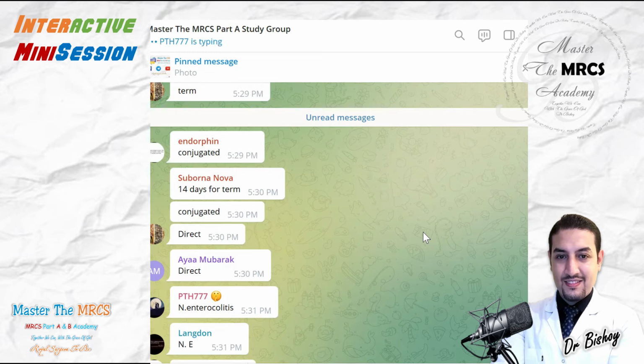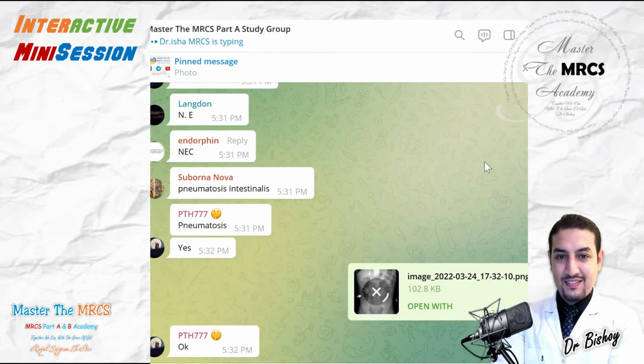Okay, it can be called pneumatosis intestinalis. Pneuma means air, intestinalis, intestine. So pneumatosis intestinalis means air in the intestine, just like this picture.